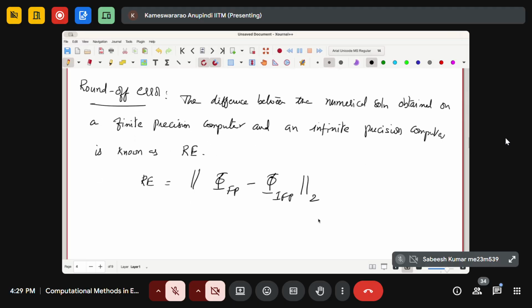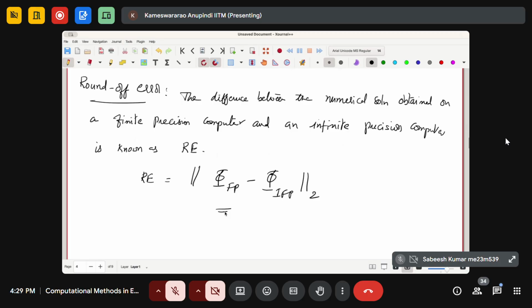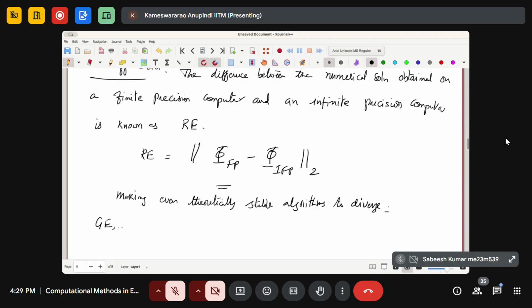This is some norm. Essentially, round-off error is responsible for making even theoretically stable algorithms diverge. For example, we have seen in Gaussian elimination and other algorithms that, depending on how you choose the pivoting and other things, Gaussian elimination can actually diverge and give you some other answer.